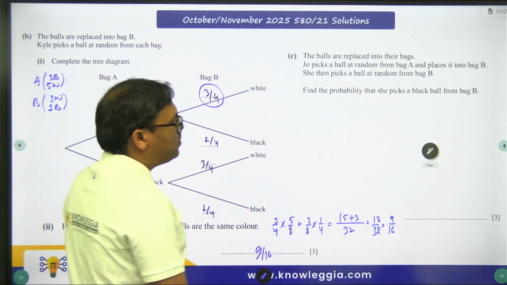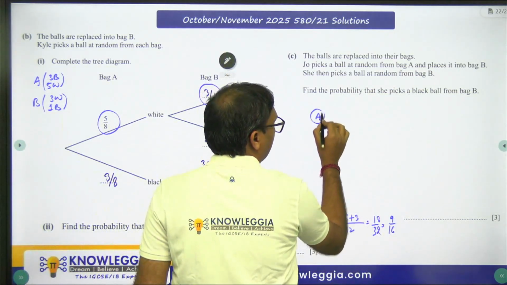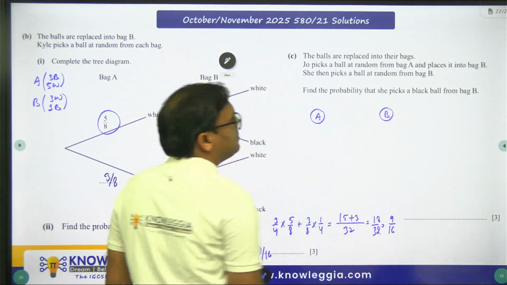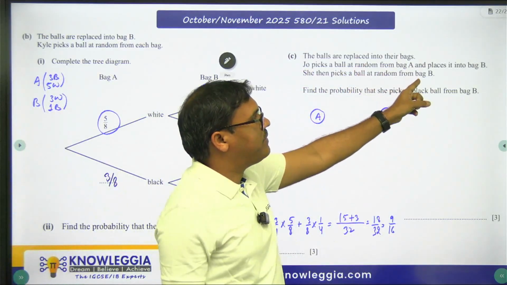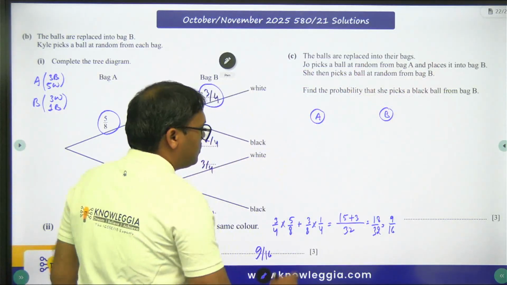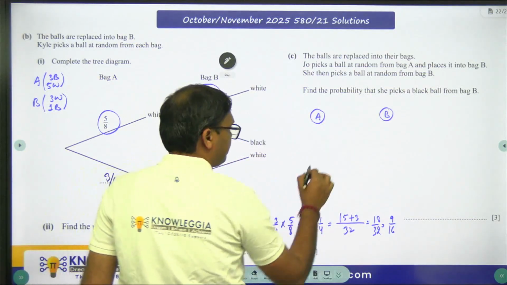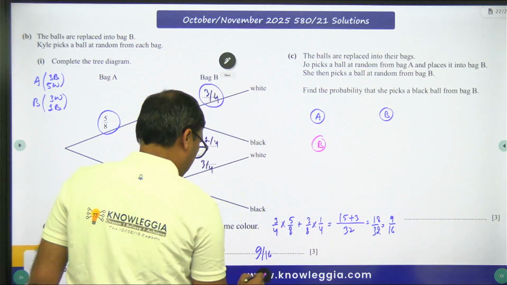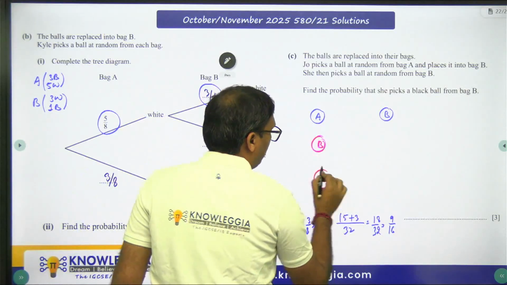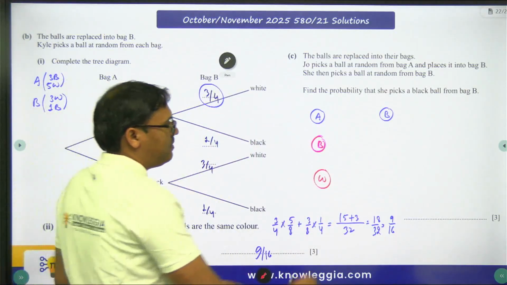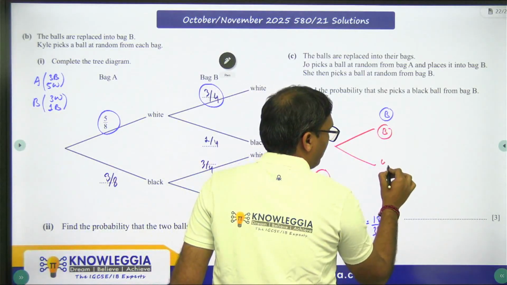Okay. So see, this is bag A and this is bag B. Joe picks a ball at random from bag A and places it into bag B. So she can pick a black ball from bag A, or she can pick a white ball from bag A. Now, after placing, again she can pick a black ball or white ball.